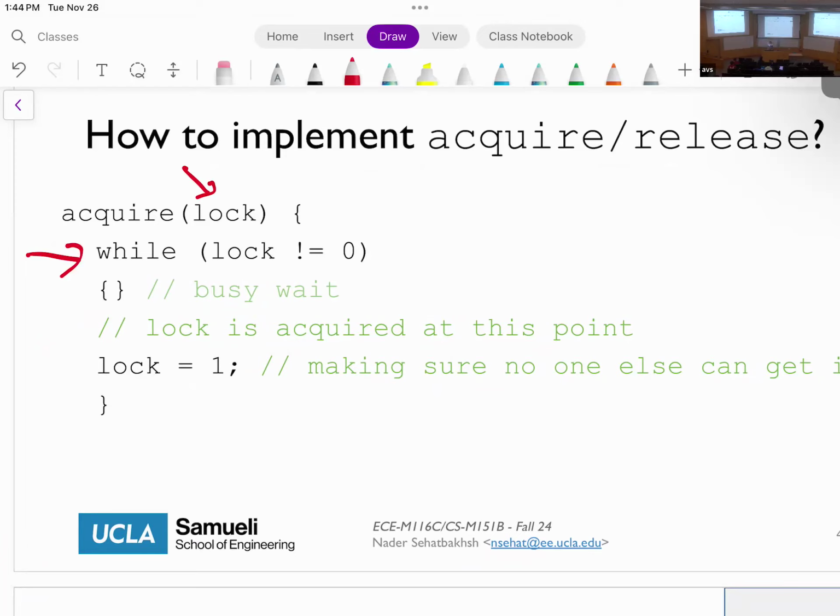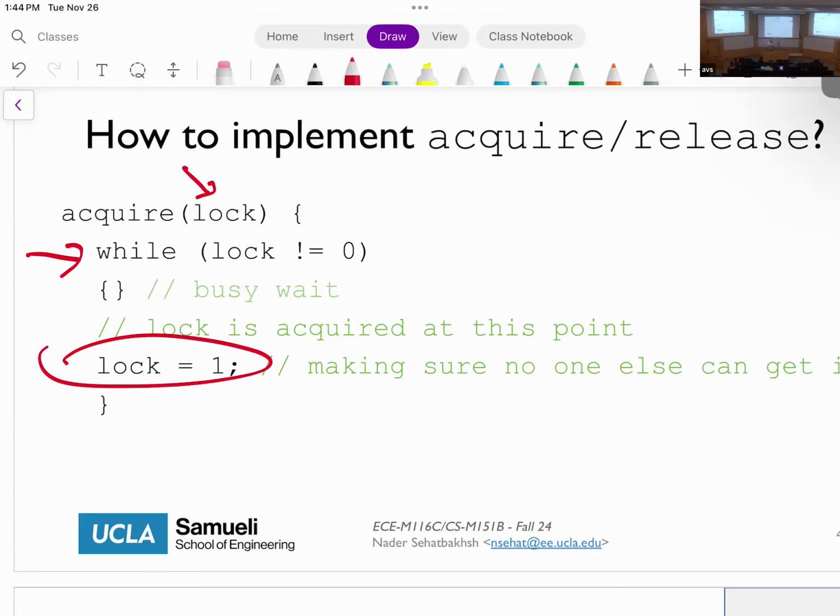So acquiring is busy waiting: if lock is not equal to 0, I'm going to wait on this value. Once the lock becomes 0, I acquire the lock, which means that I write 1 to it. When it's 1, it means that it's busy, it's not available.